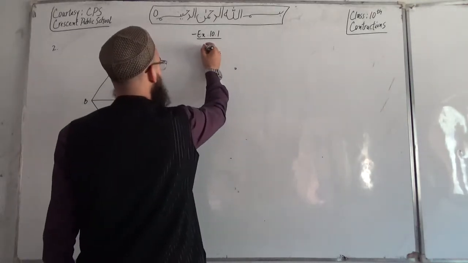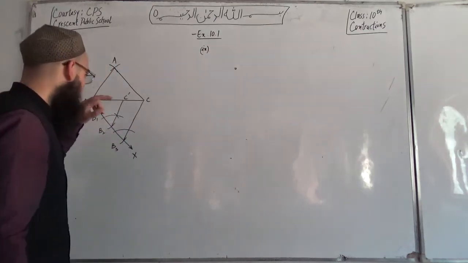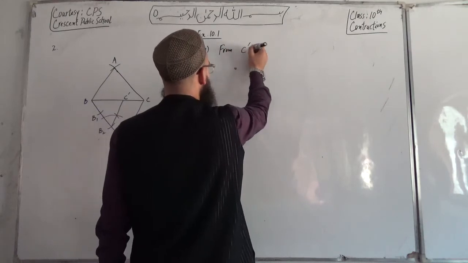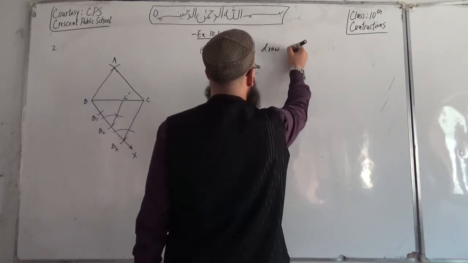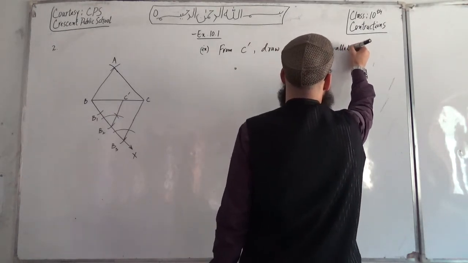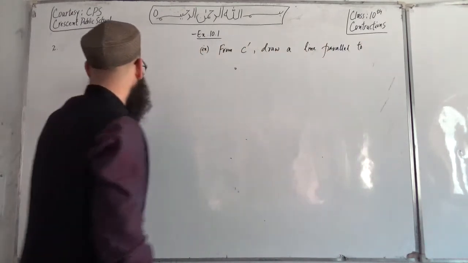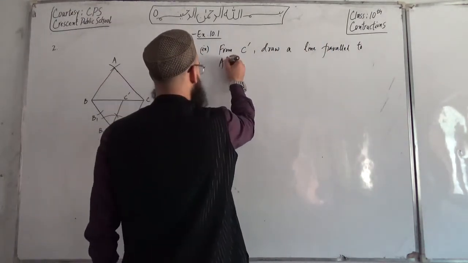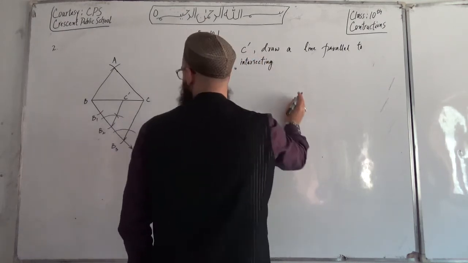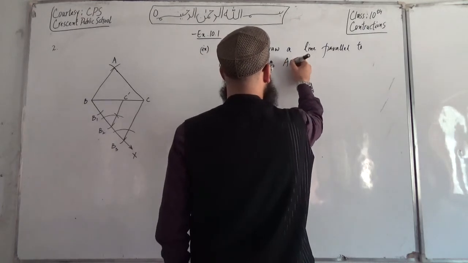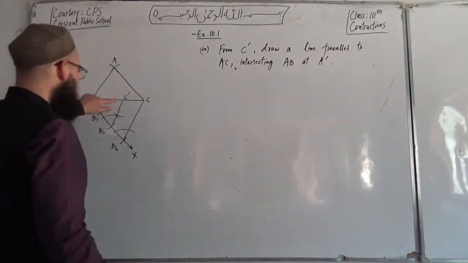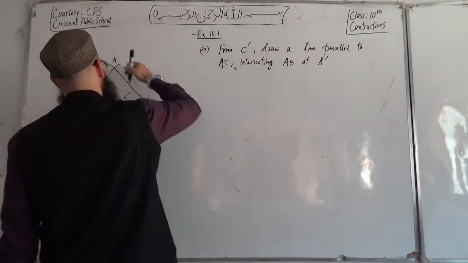Then comes your ninth step. From C dash, draw a line parallel to AC, intersecting AB at A dash.